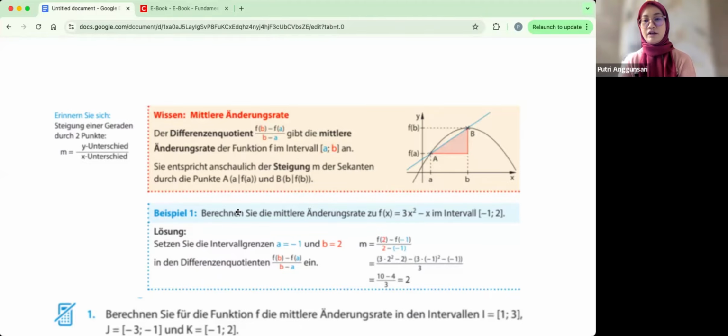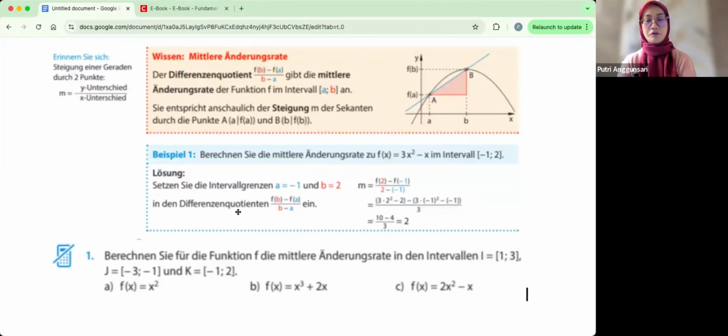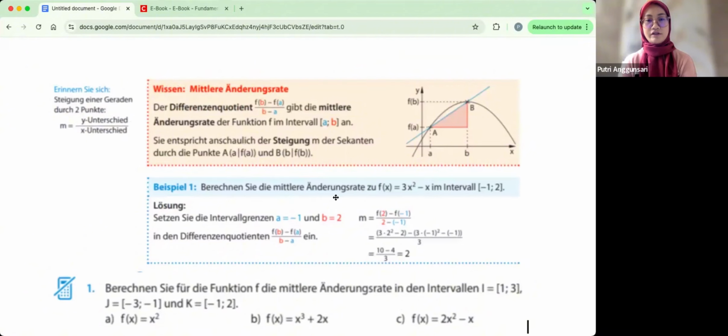We need to find the average rate of change. We are given the example: calculate the average rate of change where f(x) equals 3x squared minus x on the interval minus 1, 2. So we can identify that a is minus 1 and b is equal to 2.